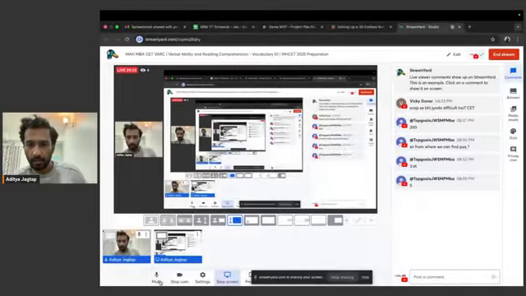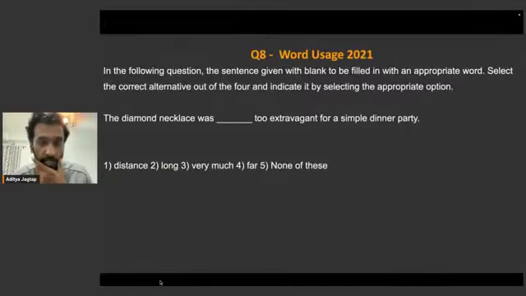All right. Just a moment. I'll just go through this. The diamond necklace was dash too extravagant. So this is an interesting problem, correct? The reason why I waited slightly long is, two answers make sense here in this case, right? One answer is far too extravagant, and the other answer is none of the above.